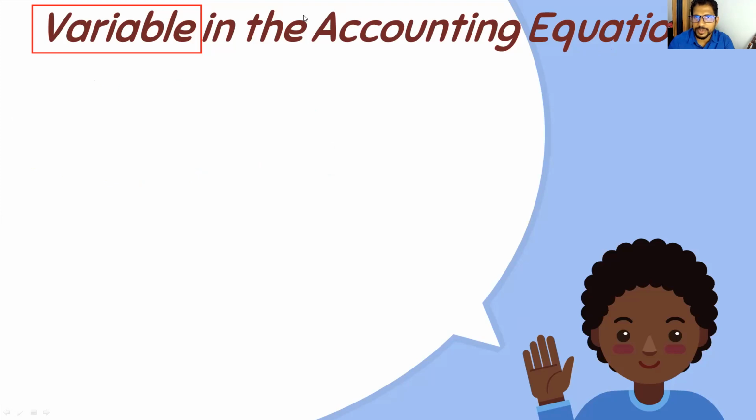Right. Look at this one. I just told you in an accounting equation, there are variables. I have not introduced the accounting equation to you, but I told you something like this. In accounting, the equation can be developed like this. On one side, we can write assets. On the other side, we can write parties who own the assets.